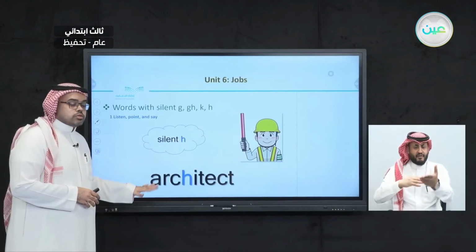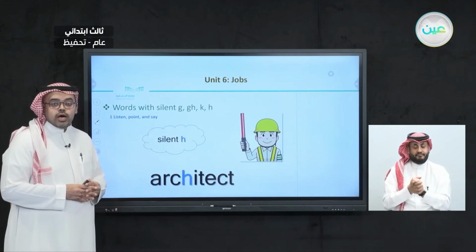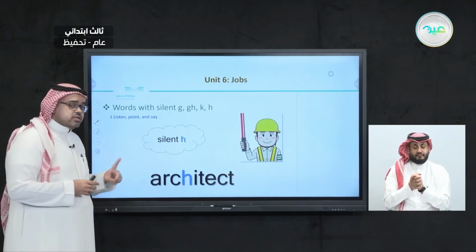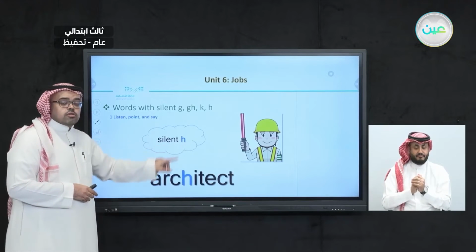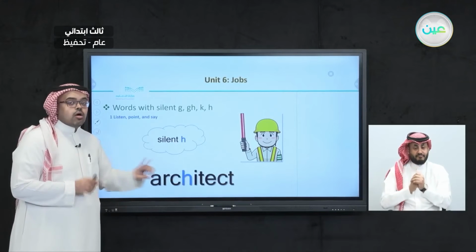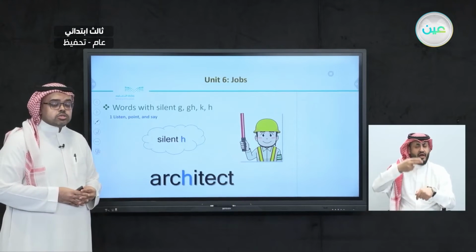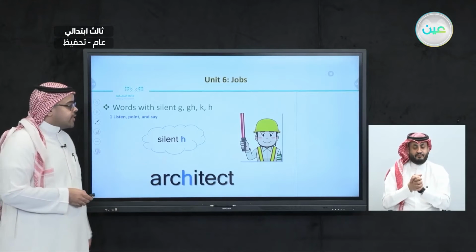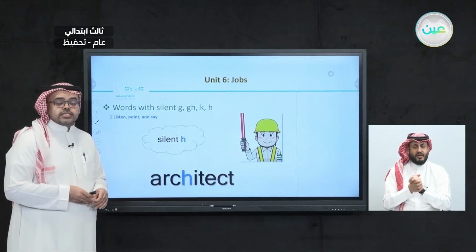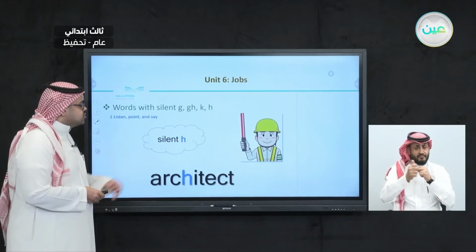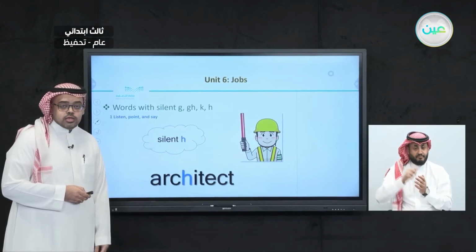And in this word, architect, we don't pronounce H. Here we have one silent letter, which is letter H. So here we write architect, but we don't pronounce the letter H. So these are some of the words that have these silent letters: G, H, K, and H.